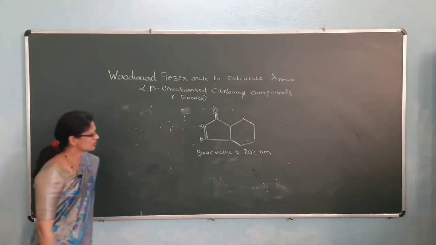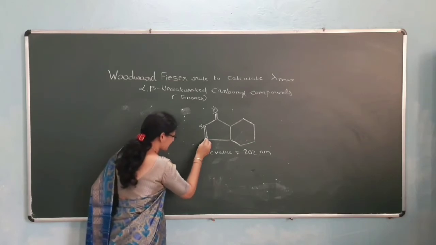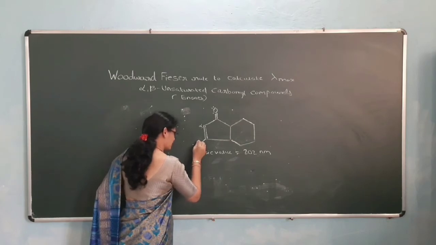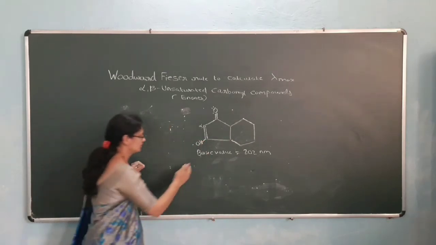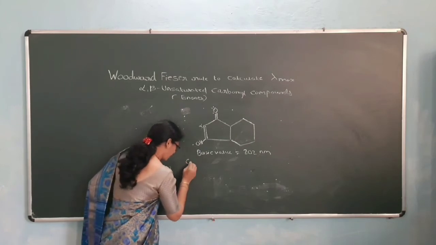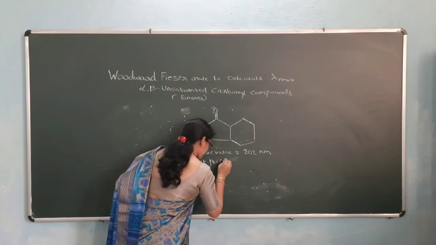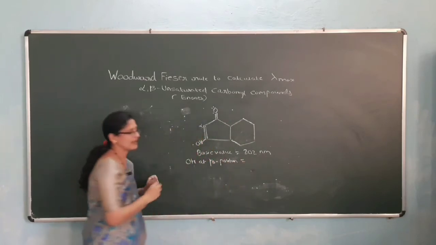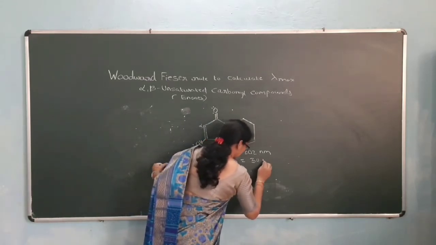There is no substituent, so we will just introduce one substituent here. I will introduce OH. Now there is an OH at beta position, and we know that OH at beta position is plus 30 nanometer.